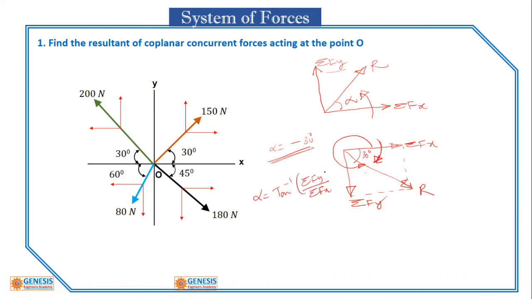I have seen many students often get confused using this. So after finding all these things, you have to apply the conventions of positive, negative, rightward, leftward, upward, downward, all these things.